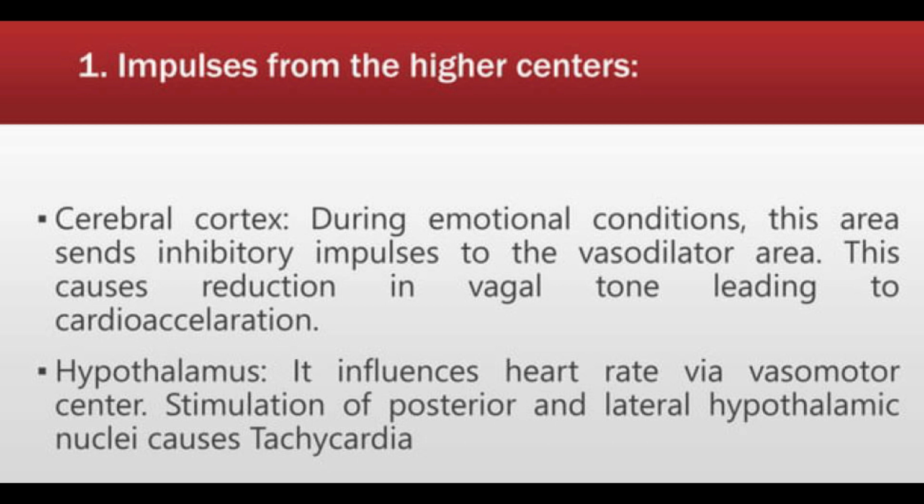During emotional conditions, this area sends inhibitory impulses to the vasodilator area. This causes reduction in the vagal tone, leading to cardioacceleration. The hypothalamus influences heart rate through the vasomotor center. Stimulation of the posterior and lateral hypothalamic nuclei can cause tachycardia.